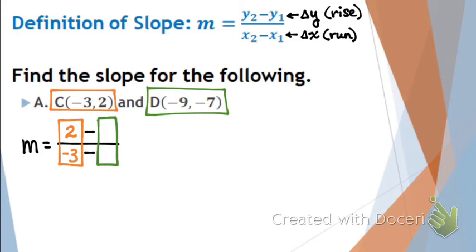Same thing with D. I want the y part of the ordered pair in my numerator and the x part of the ordered pair in my denominator. Just to make sure that I am not leading you astray, we're going to make sure that we get the same thing even if I switch it around.